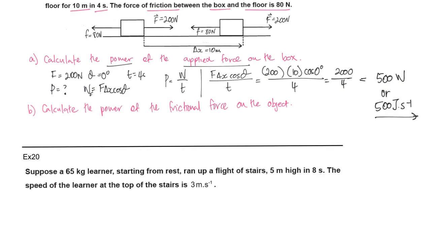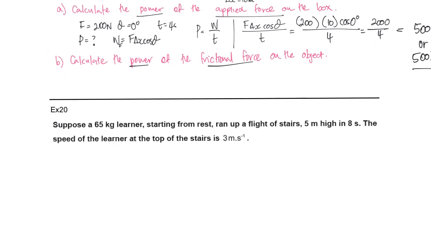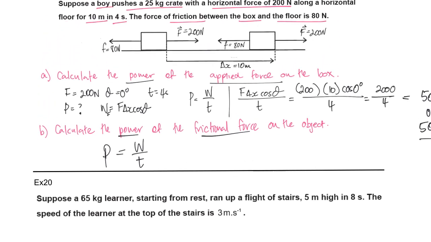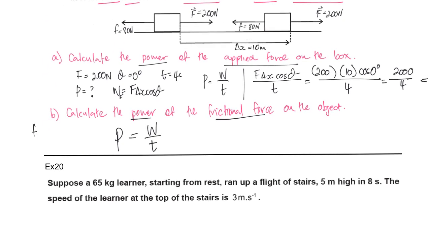There's your final answer. All right, the next thing says power of the frictional force, right? So let's have a look at that. Again, P is equal to W over T, except here we're looking at work done by friction. So my frictional force was 80 newtons at a theta value of 180 degrees.